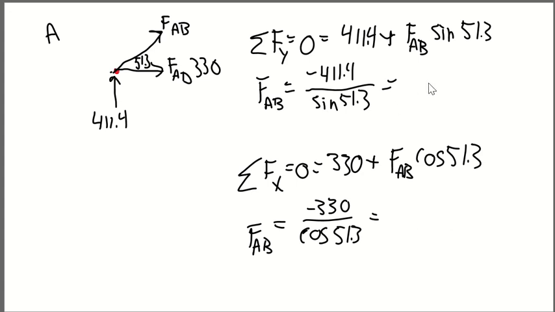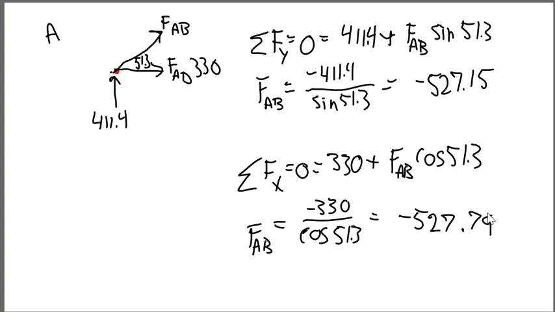Okay, up here, I just did the sine one. So a negative 527.15, and down here, 330 divided by 51.3 cosine, and this one I get negative 527.79. Okay, so they were really close.